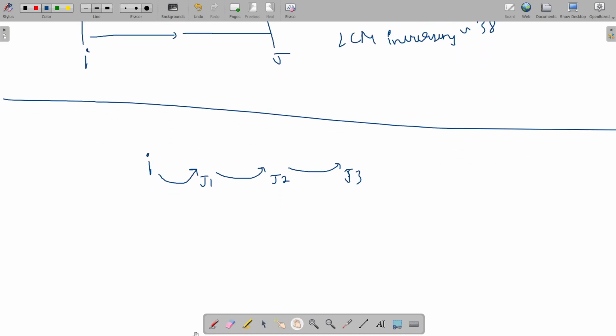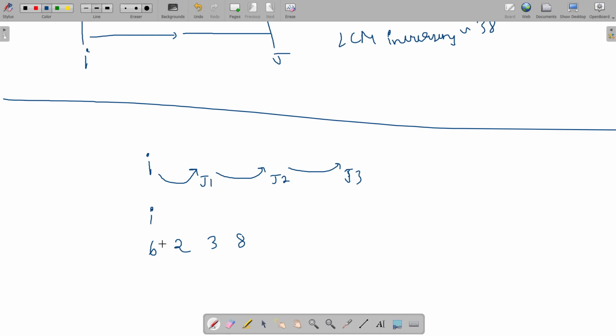For example, suppose the value at index I was 2, and the next value was 6. Or let's say initially I was 6. Then the next value was 2, it was 3, and then it was 8.